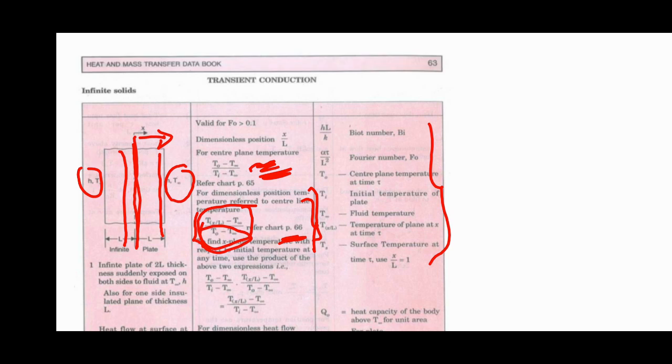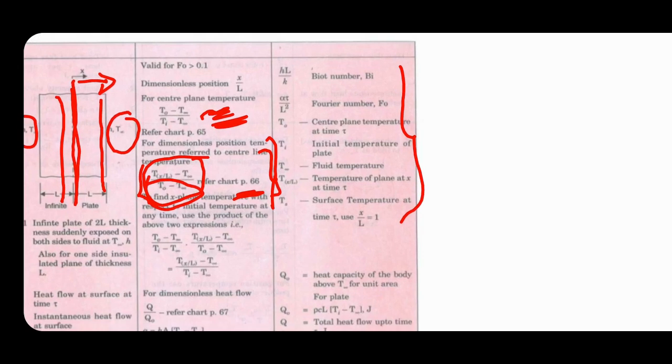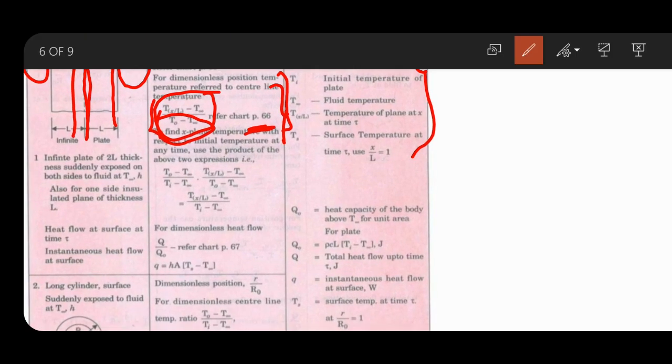Then we need to find the heat transfer. For that we have the relation here. To find the total heat flow, Q by Q0 is a ratio given in the chart on page number 67, and the relation for Q0 is given here: rho C into L into Ti minus T infinity, or Ta in our notation. The instantaneous heat transfer rate, small q, will be equal to h into A into T tau minus T infinity.